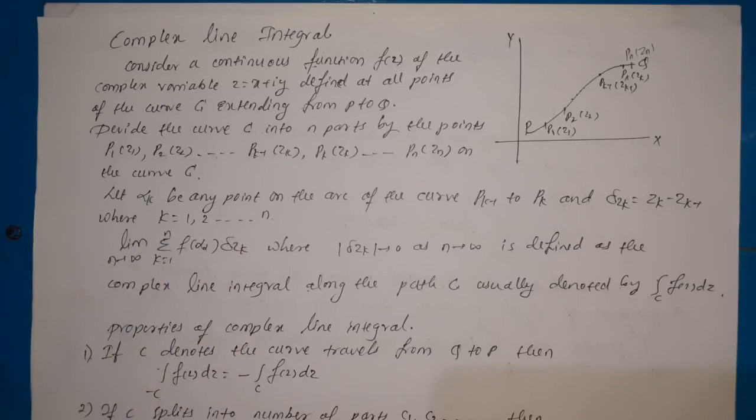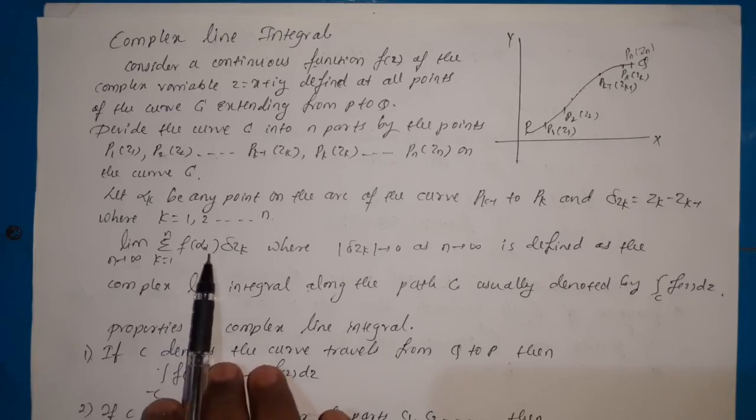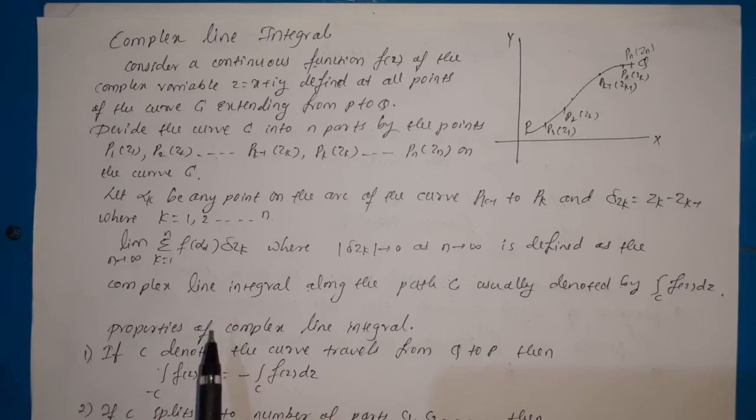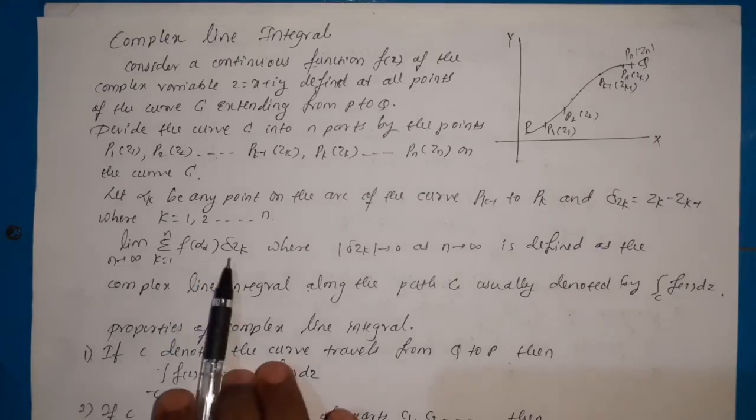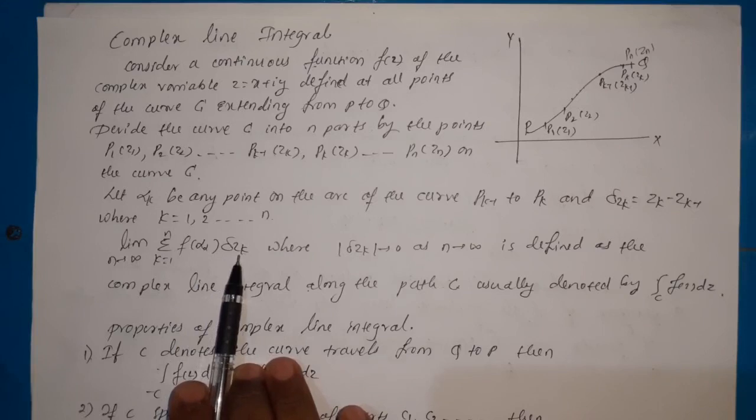The limit as n tends to infinity means that we have divided PQ into infinite parts. Then f of alpha k is nothing but the value of the function at the point alpha k, the point on the curve, and the length of that arc is delta zk.